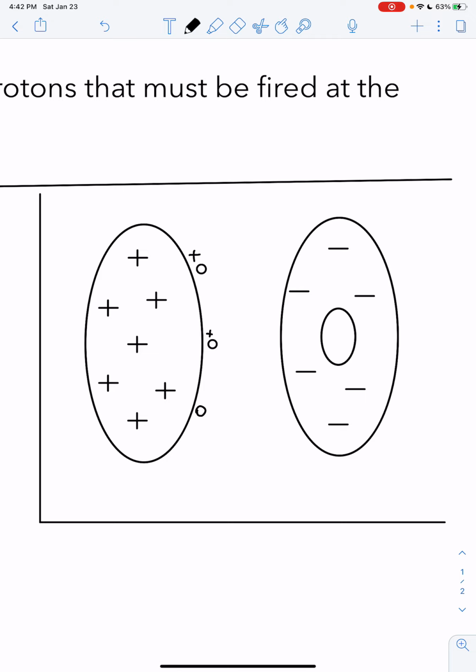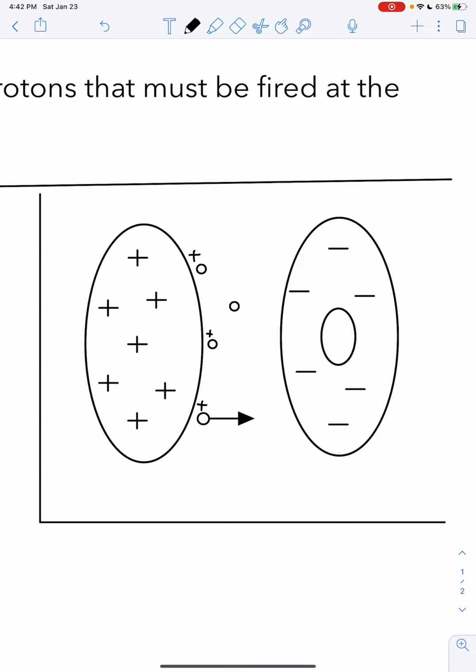What would happen is these protons would have a force on them and would accelerate from the positive towards the negative plate.